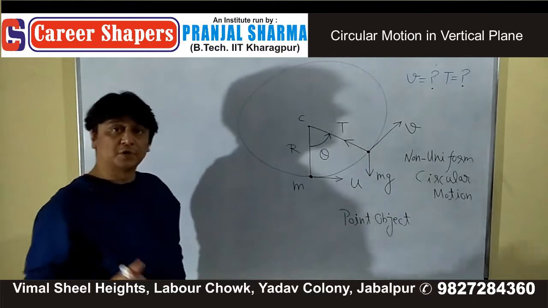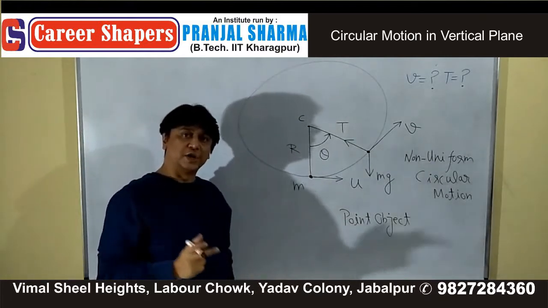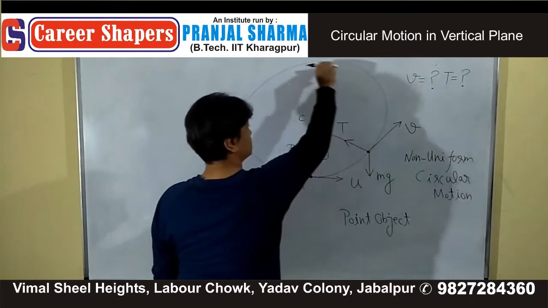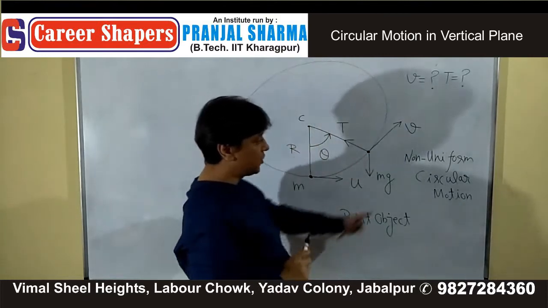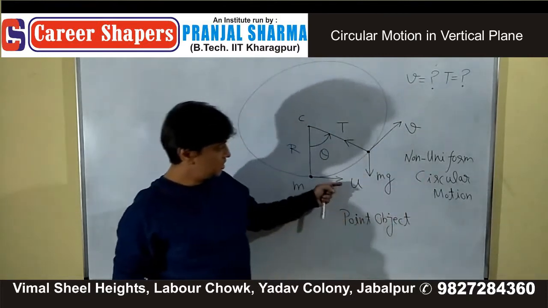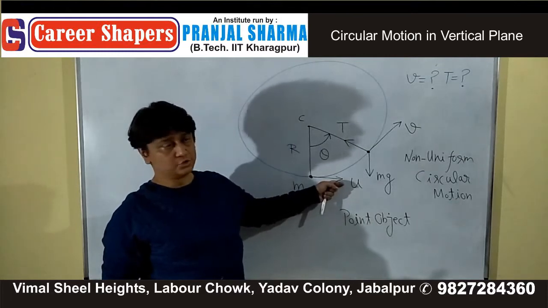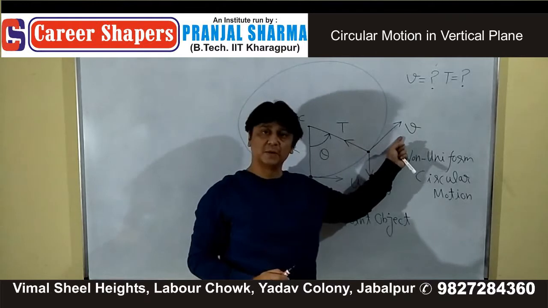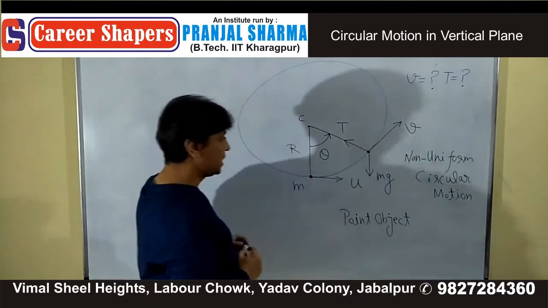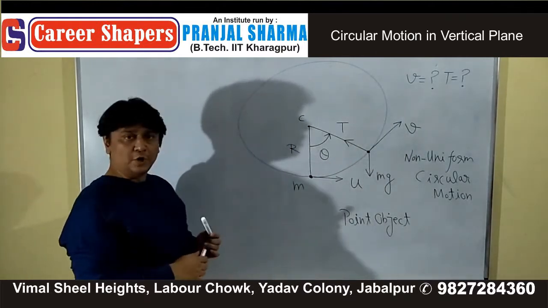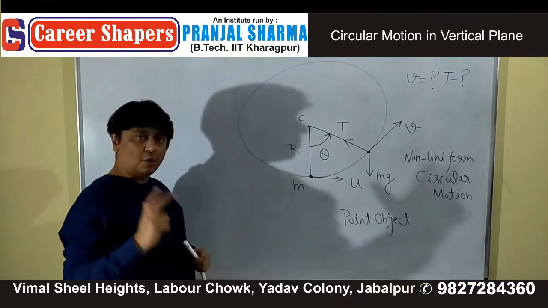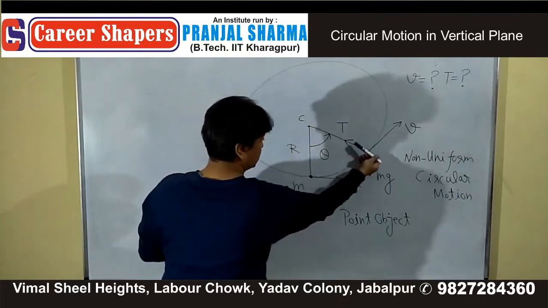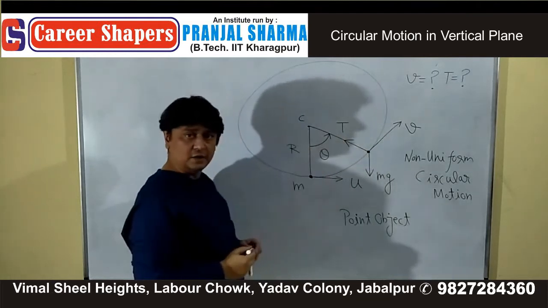In any type of circular motion, velocity always changes because direction continuously changes. But in non-uniform circular motion, magnitude of velocity also changes. Initially it's u, after theta it has become v. Now, when you talk about circular motion, you talk about two forces. One is centripetal that acts in this direction towards the center.